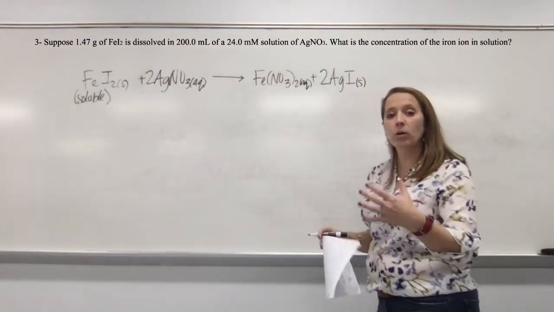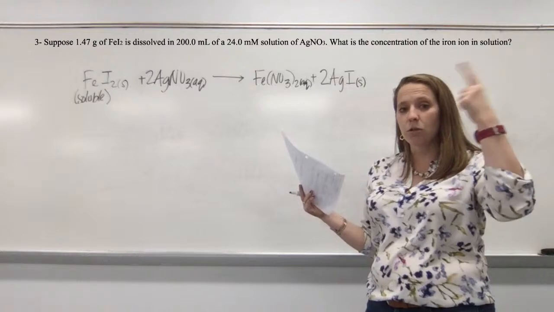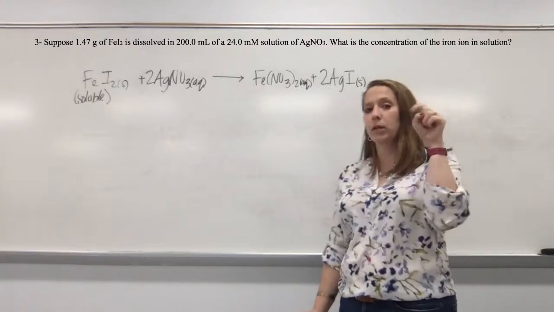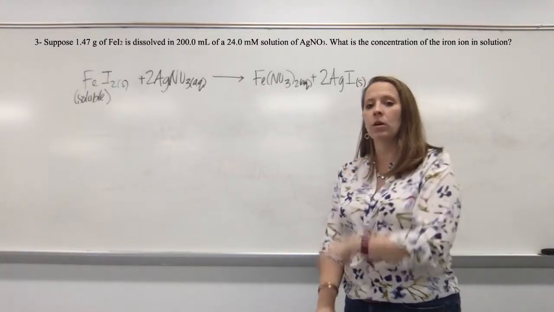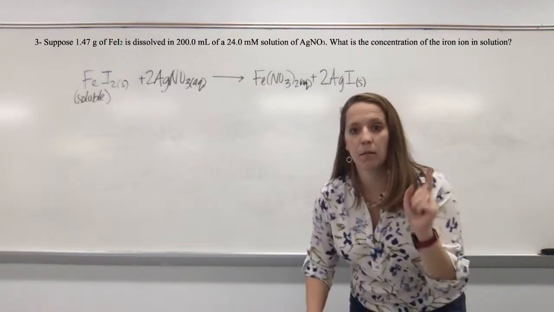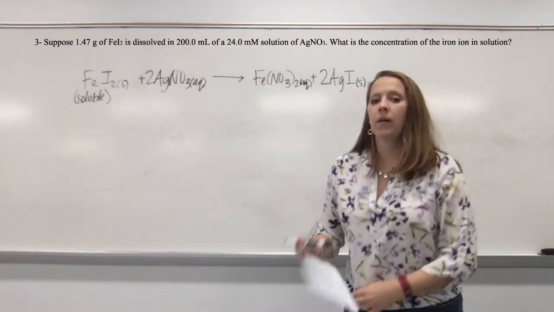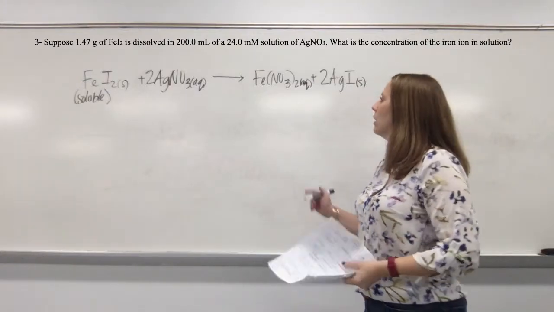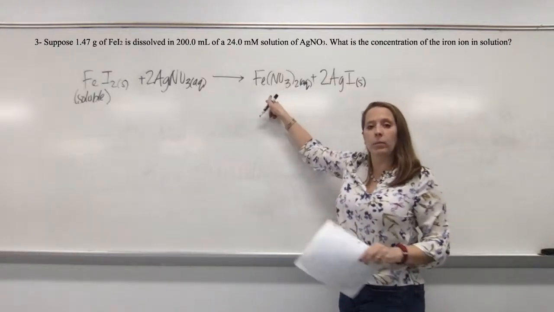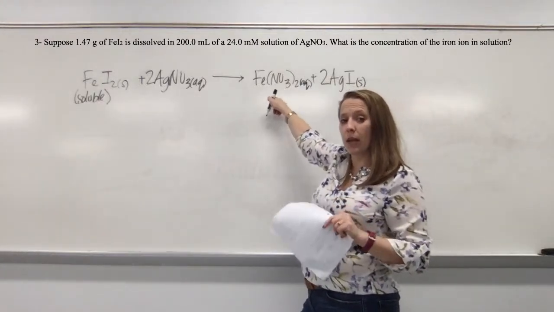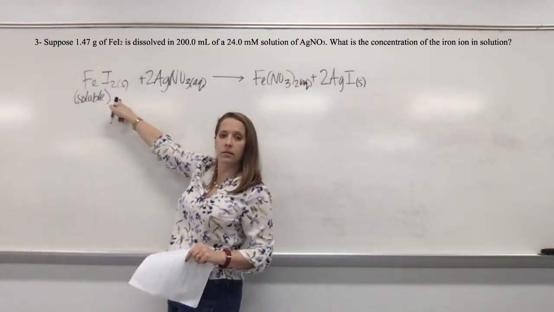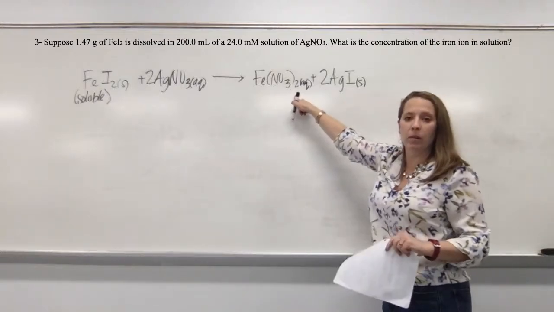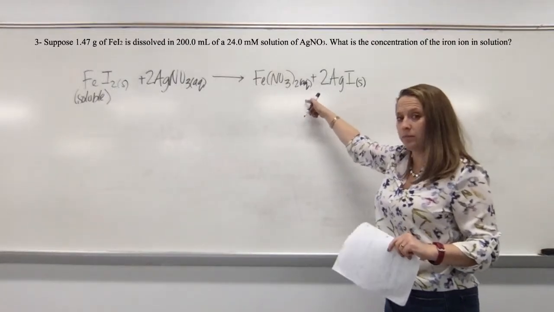So I tell you all of this because in these questions, you'll see a lot of them. You're going to have to write a balanced chemical equation. Done. Check. The next thing we're going to have to do is limiting reactants. But not always. Because it's asking about the iron ion in solution, the iron ion is going to be in solution at the same concentration that it was here. So whatever you put in is not going to be affected by the limiting reactant because it is soluble.